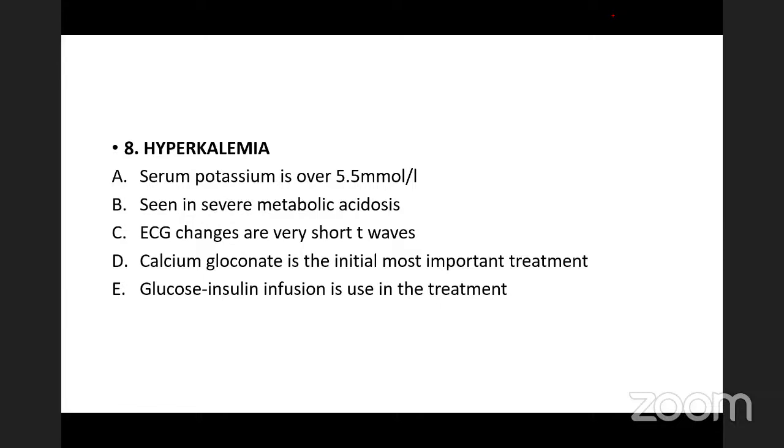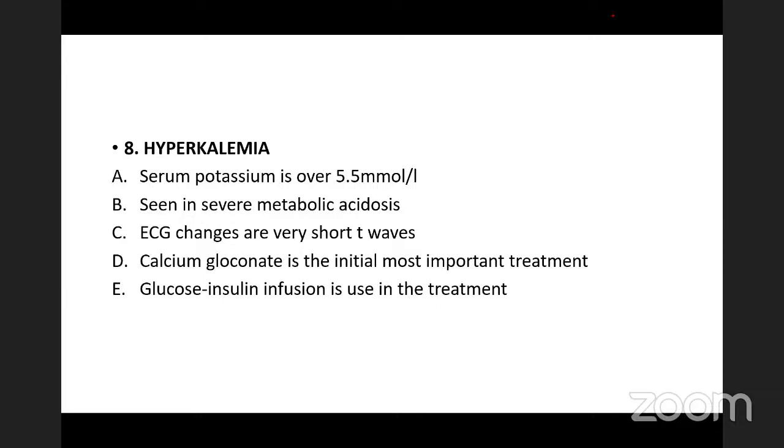Calcium gluconate is the initial most important treatment. Yes, because if a patient has hyperkalemia, one of the most feared complications is cardiac arrest. So the first initial treatment is to protect the heart.